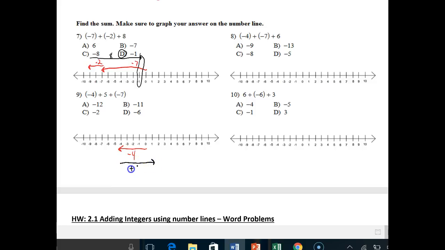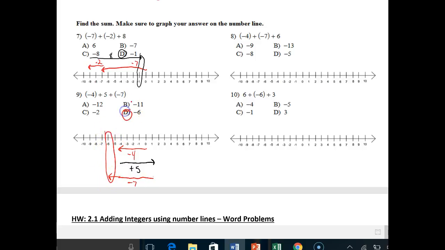So now we should be in positive territory, right at +1, because I moved right 1, 2, 3, 4, 5. Now I want to move back again from this spot 7 times. Let's do it together. 1, 2, 3, 4, 5, 6, 7. So I should end up all the way at -6.